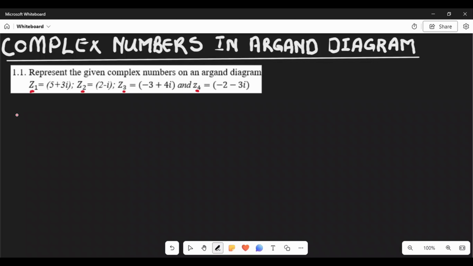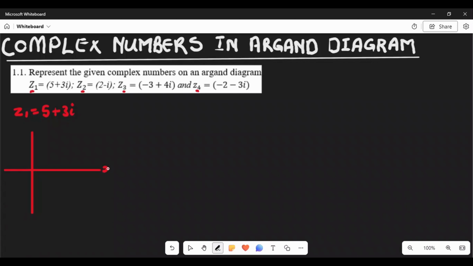If you still remember, this is how you do it. Let's start with Z1, which is 5 plus 3i. We know that the real number represents the x-axis, and the imaginary number represents the y-axis. So you have to draw your Cartesian plane. Just draw it like this.